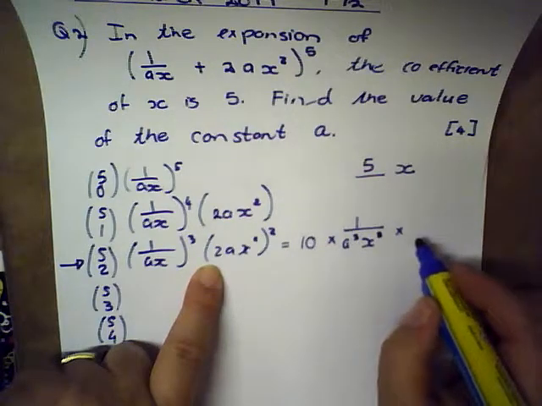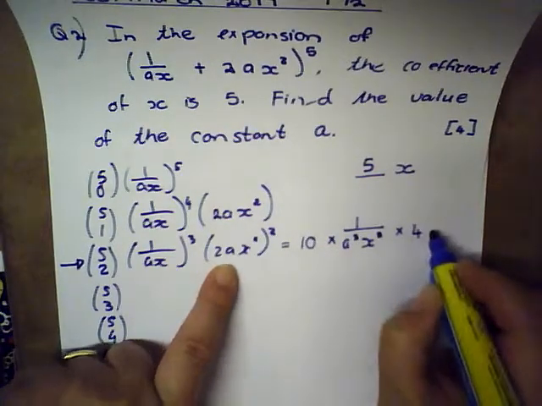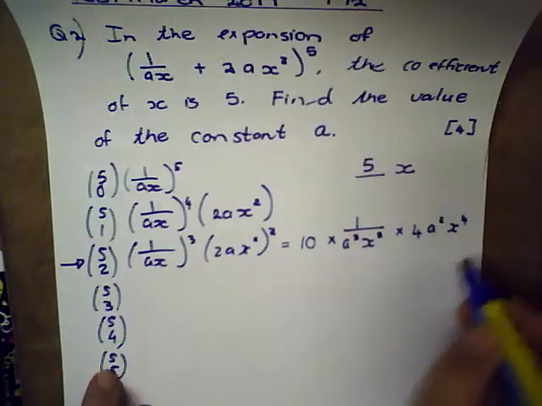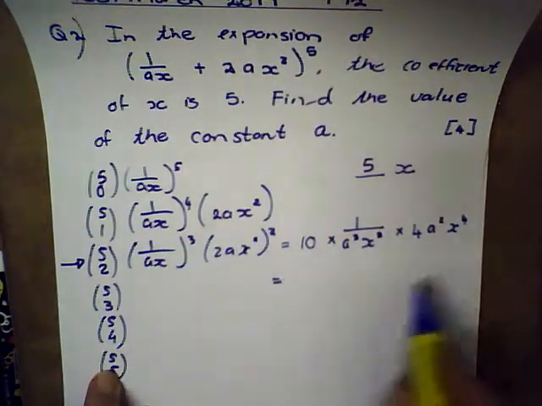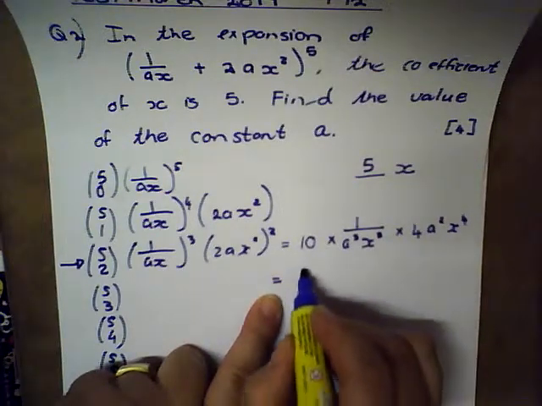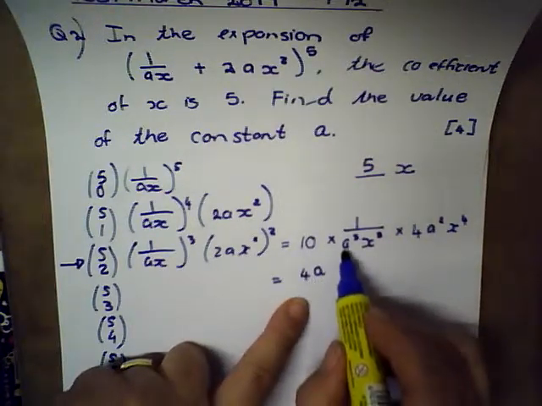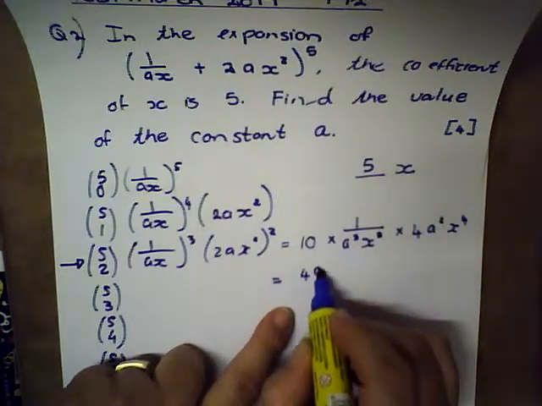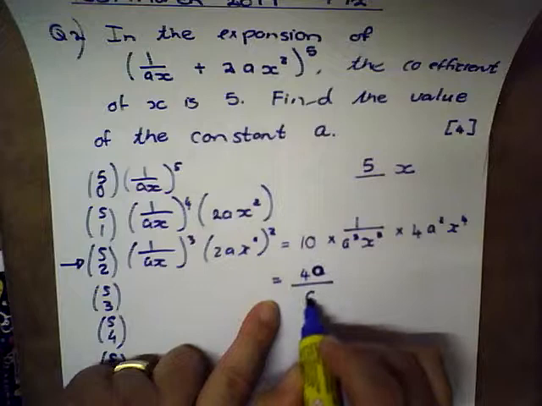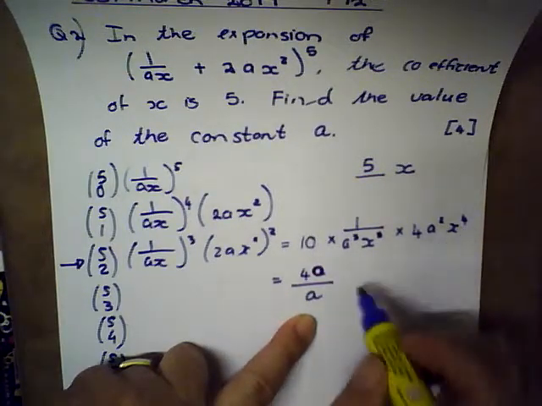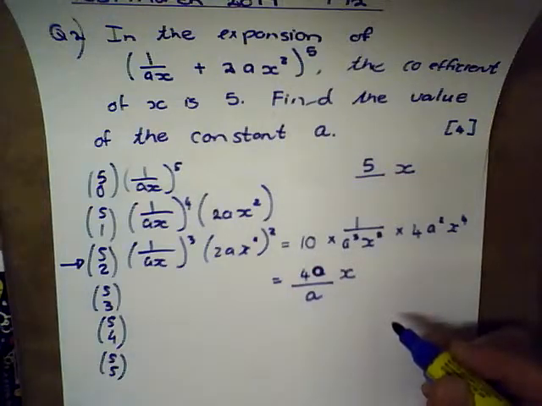2 to the second power would give me 4, a squared x to the fourth power. Okay, now let's simplify this. That would give me 40, and that would be a in the denominator. x cubed in the denominator and x to the fourth power gives me an x in the numerator.